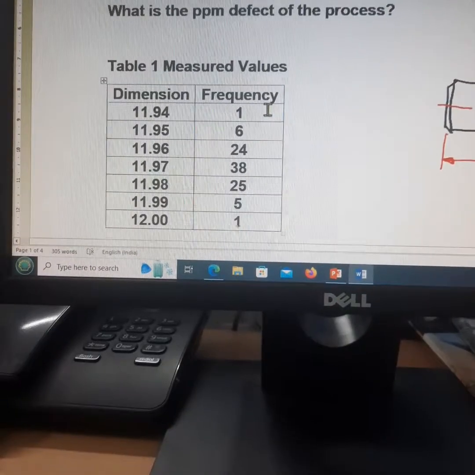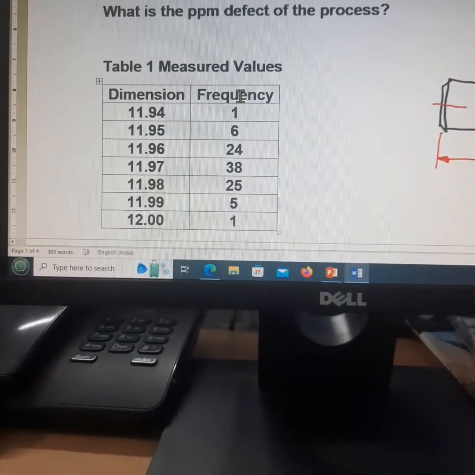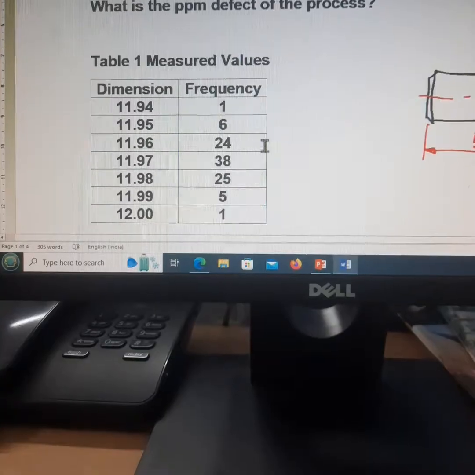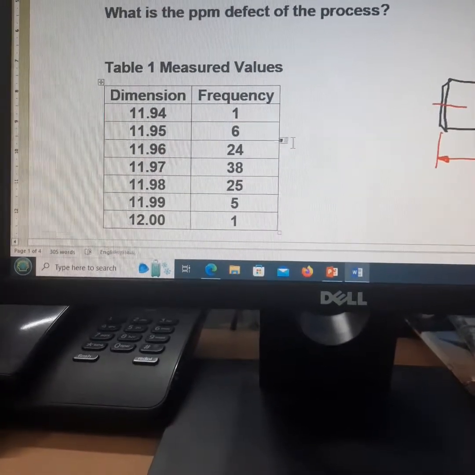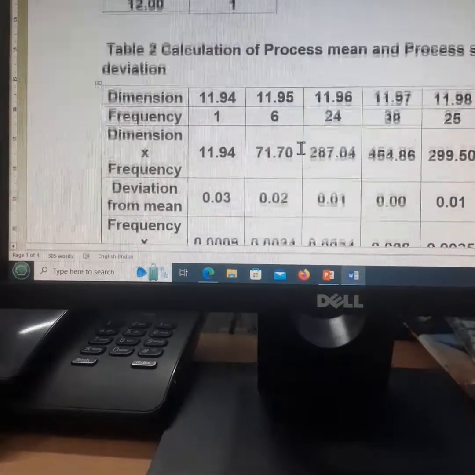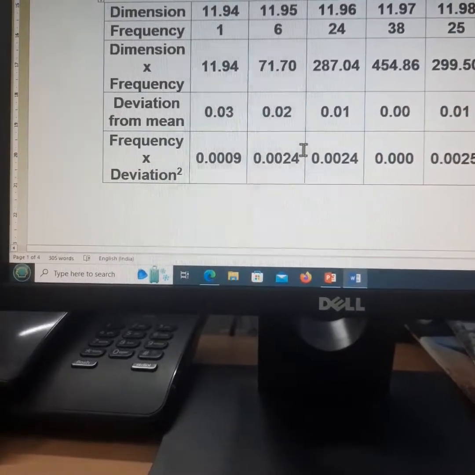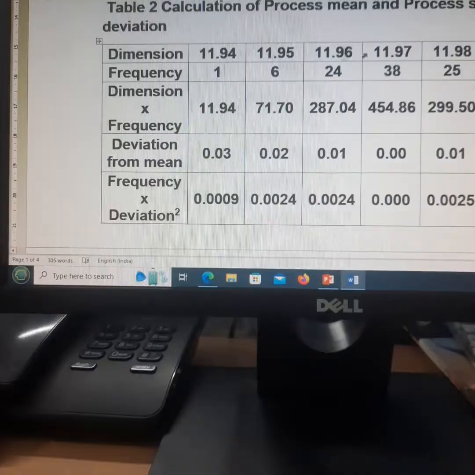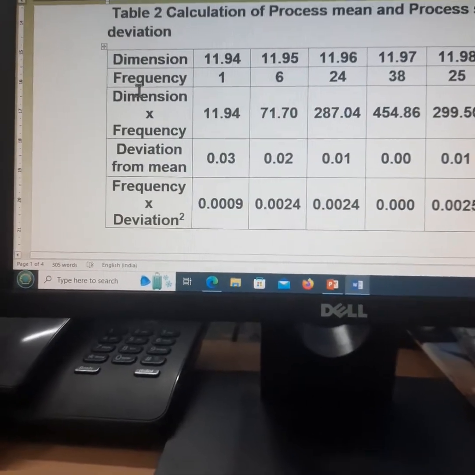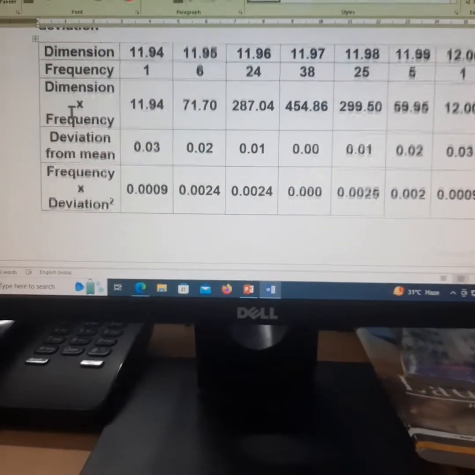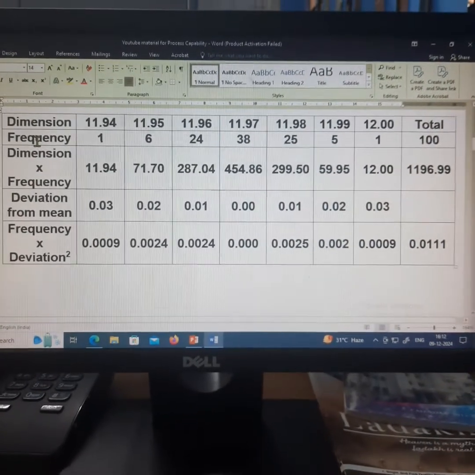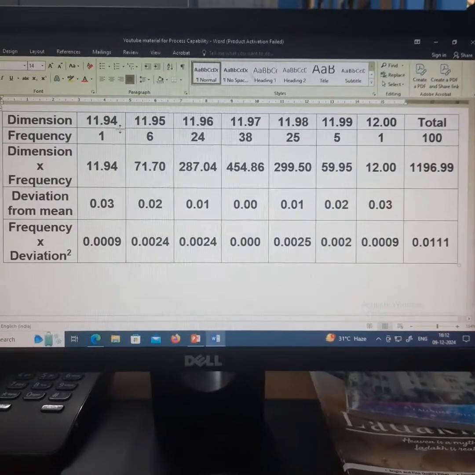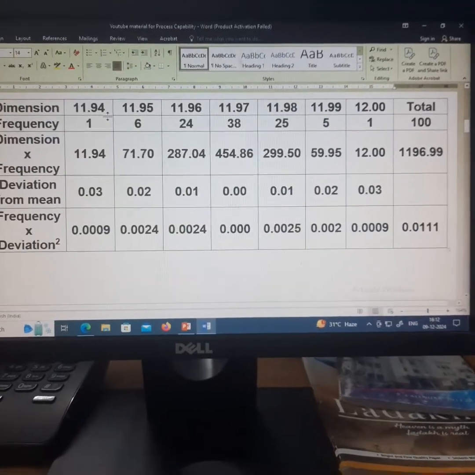Let us find the mean and standard deviation from these inspection results. For finding the mean and standard deviation, we will prepare a table. The first row is the dimension, the second row is the frequency. These two values have been taken from table number 1.